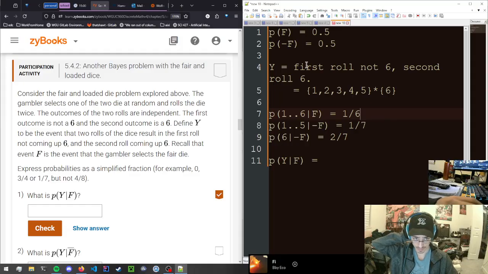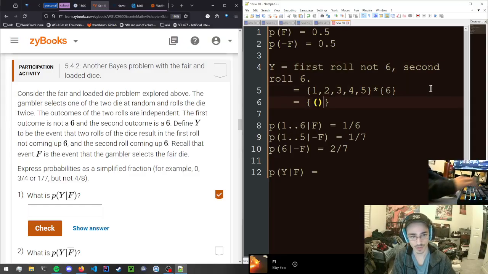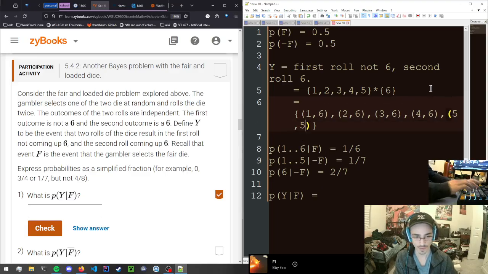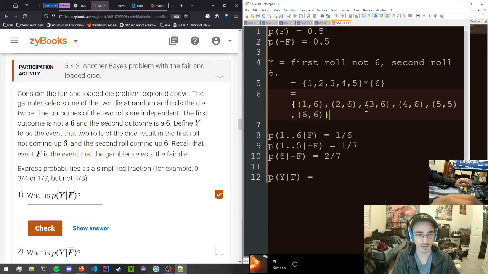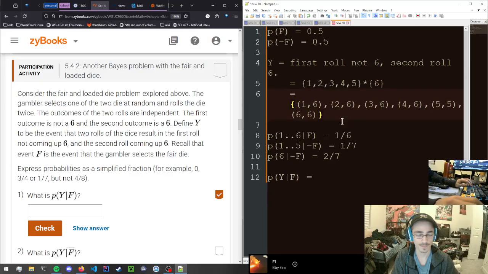So they're saying the first roll. Alright, let's do this. So we got 1 6, 2 6, 3 6, 4 6, 5 6, and 6 6. So this is our event, right?